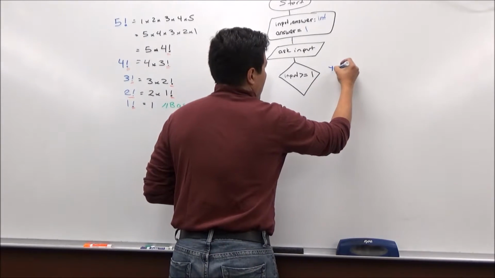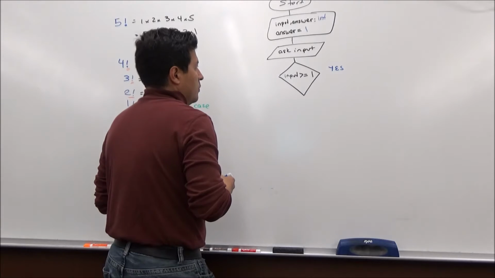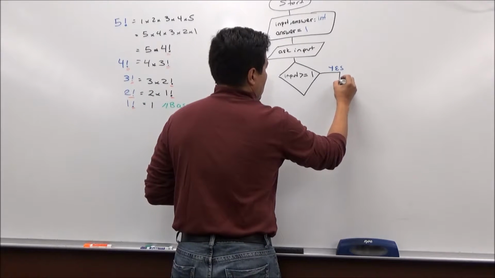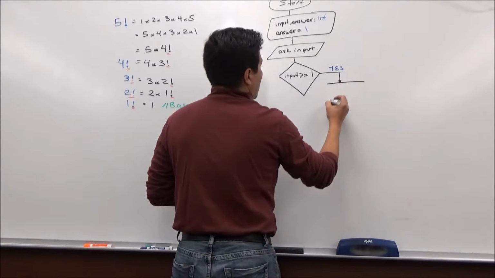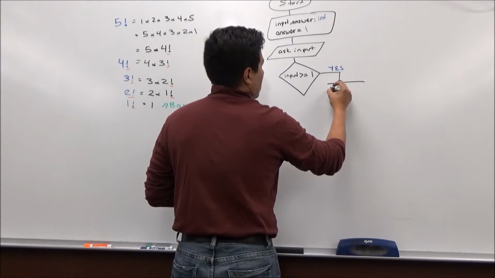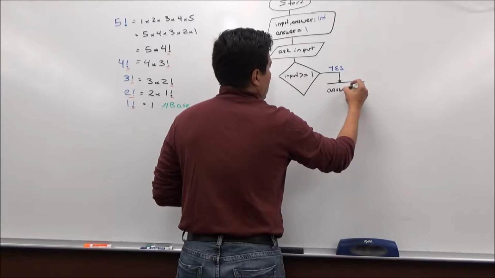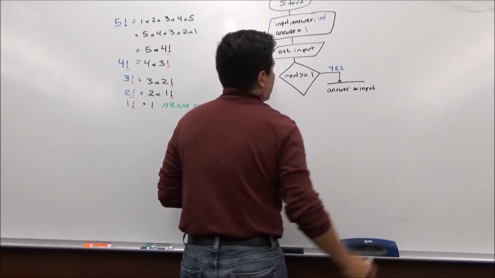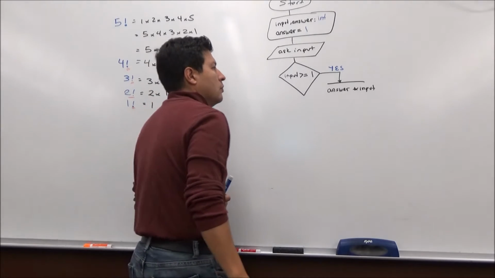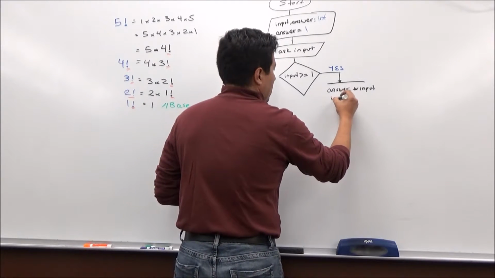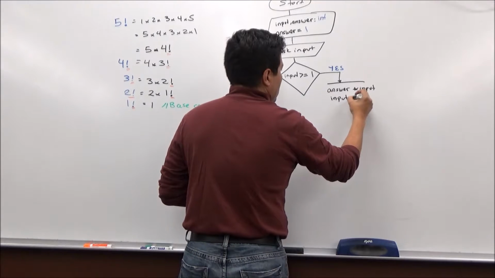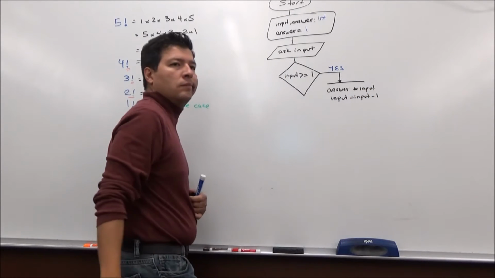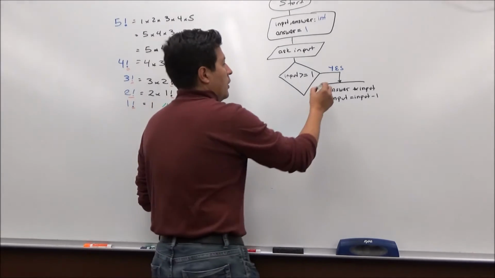If the answer is yes, what shall I do? I need to multiply my answer times my input and then I gotta decrease the input by 1 until I get to 1.